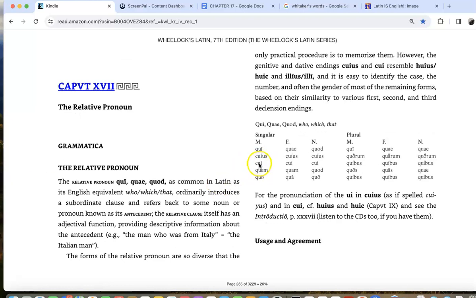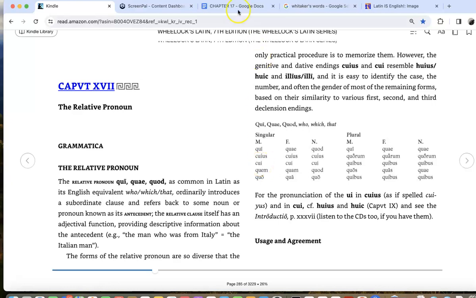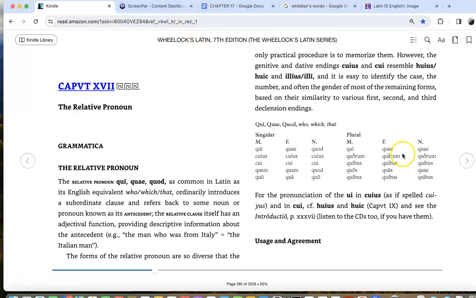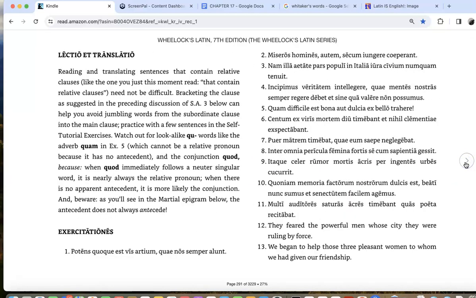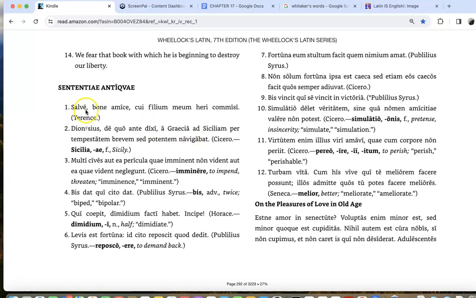But so here's cui, so that is dative. Dative, remember, normally is to or for whom something is done. But you can see the cui as the form there. So we go back to the example, which is right here. So greetings, my good friend, to whom I sent yesterday my son.